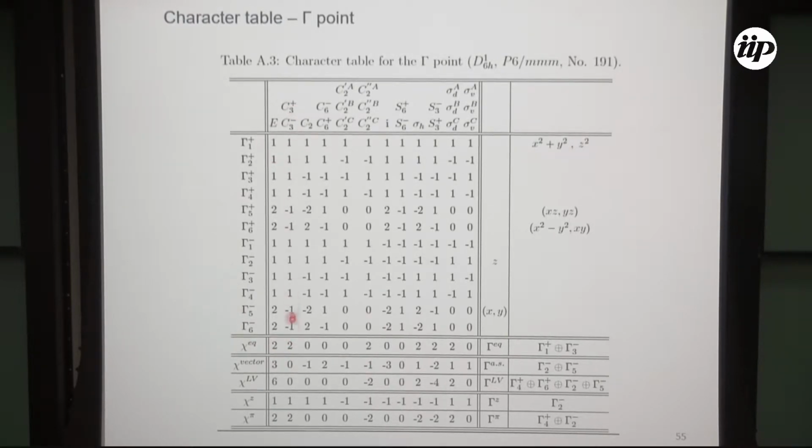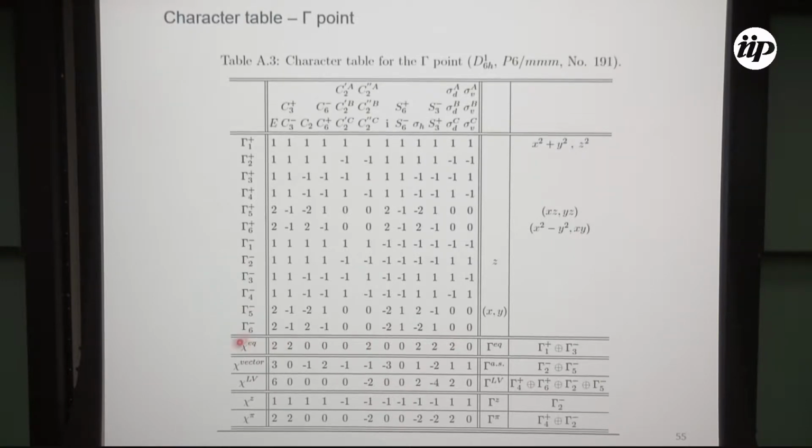The C3 doesn't change because it's 120 degrees, so it goes to the same site. But the C2 changed. The C6 exchanges sites, so it's 0. Okay, so these are the characters of the atomic site.